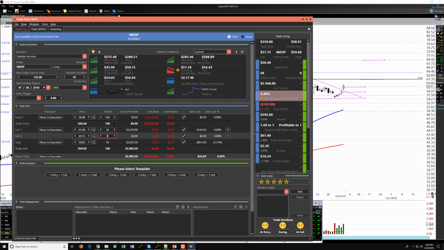If you held on to half of it all the way up into that first target at a 23% extension, then I'm sure this will make the trade for you. Yeah, that's 18% at that second target. So that would get you where you wanted to be.